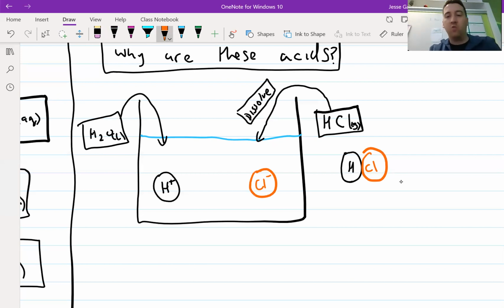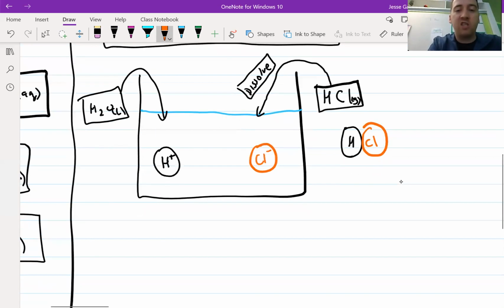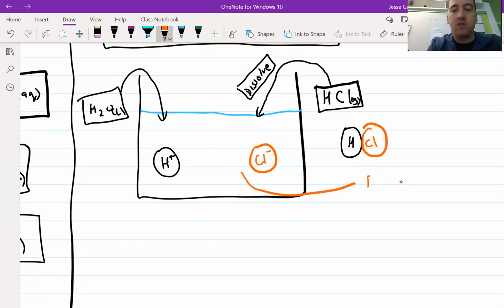And obviously there's not just one molecule of HCl. If we pump some gas in, there'd be millions of them doing this, splitting into a hydrogen ion and a chloride ion. So this is an ionic substance splitting from hydrogen chloride into a hydrogen ion and a chloride ion. We call this splitting dissociation.